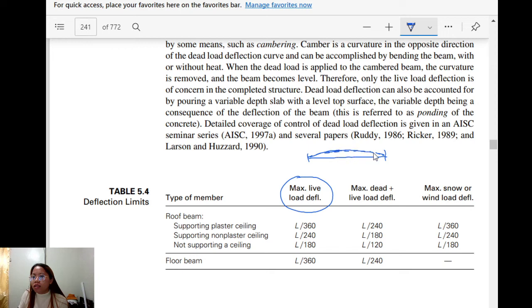This is actually the camber. So the beam is made to bulge outward to account for the deflection of dead loads, meaning for the deflection, you do not include the dead load, instead only the live load, no?